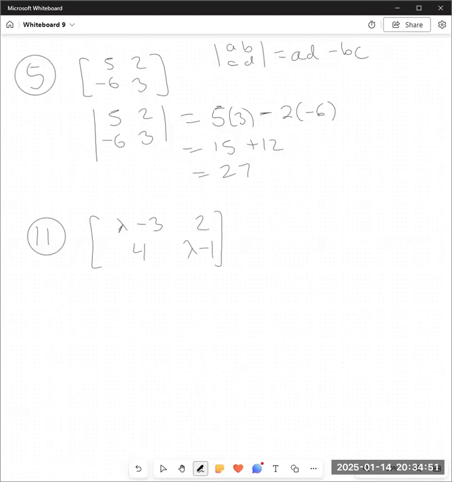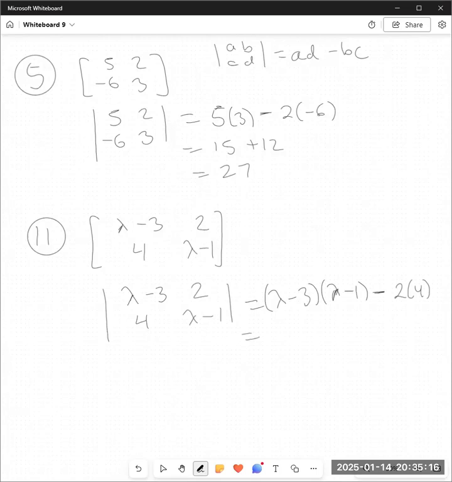And so when we take the determinant of lambda minus 3, 2, 4, and lambda minus 1, we get lambda minus 3 times lambda minus 1 minus 2 times 4.